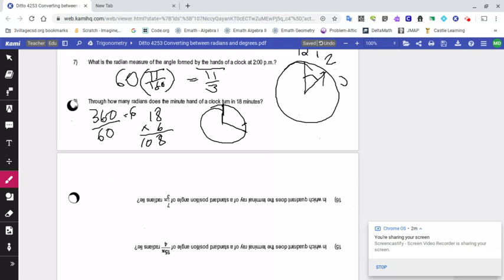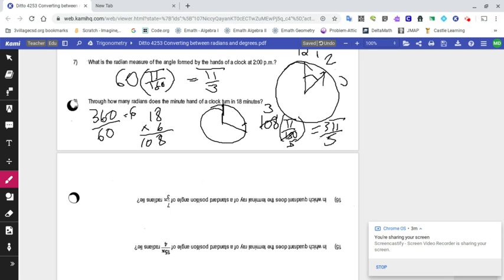So 108 degrees in radians, times pi over 180. I know 36 goes into 108 3 times, and 36 goes into 180 5 times, so it's 3 pi over 5.